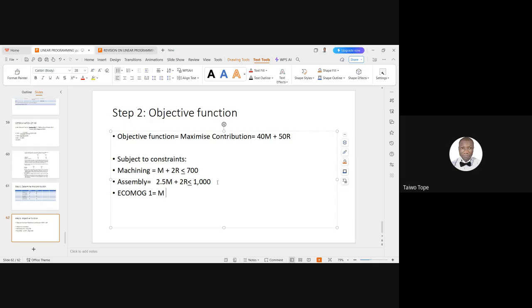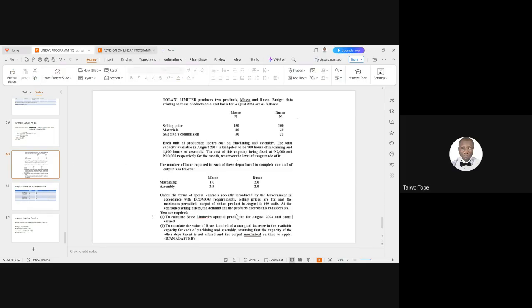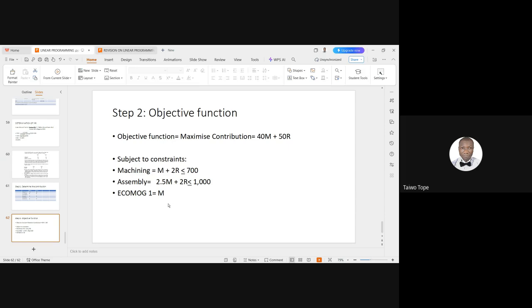Is it greater than or less than? The question says the supply of Maso that they've fixed and the maximum permitted output of either product in August is what? 100. So how would the expression be?